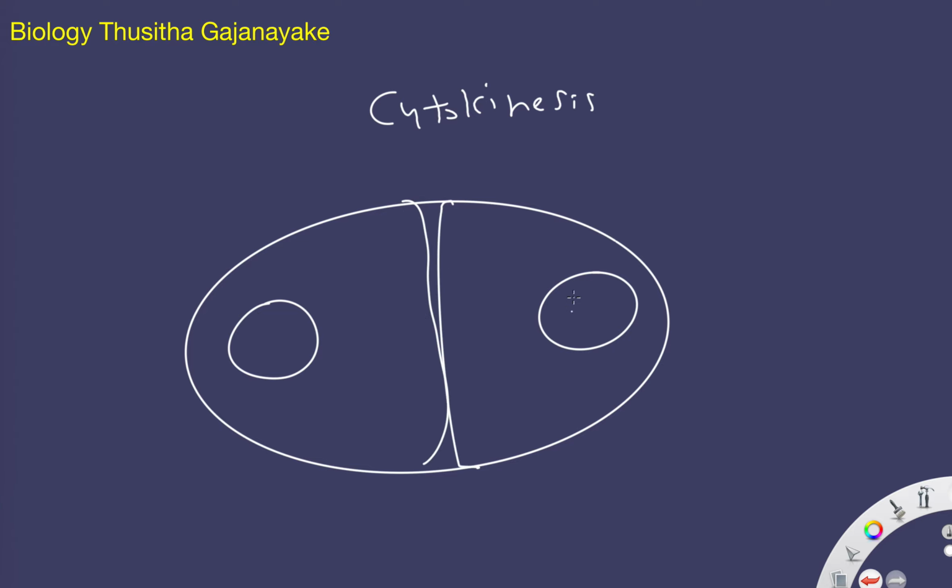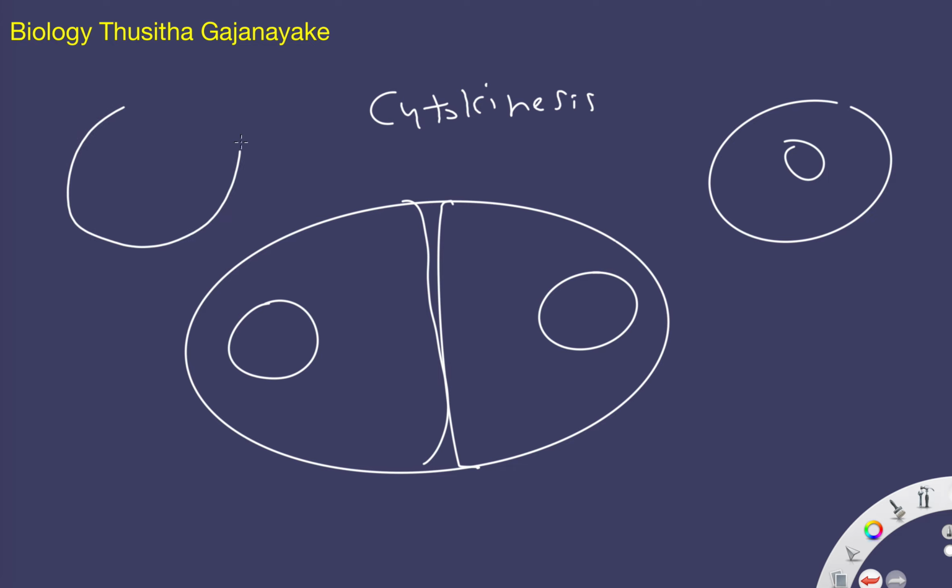The cell membrane divides. In the animal cell, this is called the cleavage furrow, and in the plant cell, this is called the cell plate. So this division is important. The Golgi apparatus gathers together and forms sacs. These sacs try to enlarge in the middle region, and they try to separate here, and finally we can see two identical cells at the end of the cytokinesis.